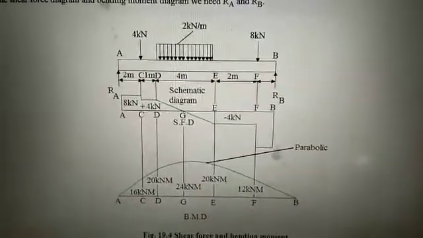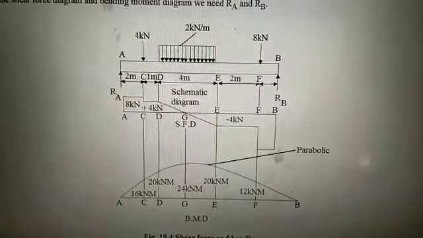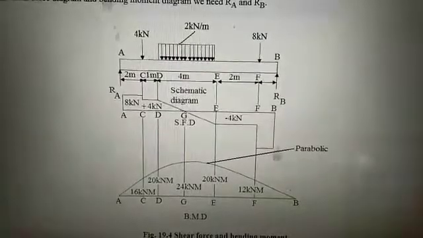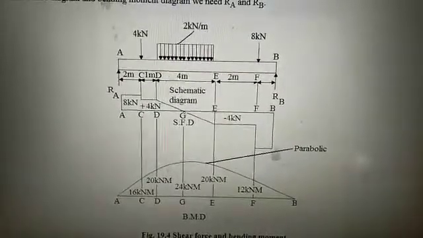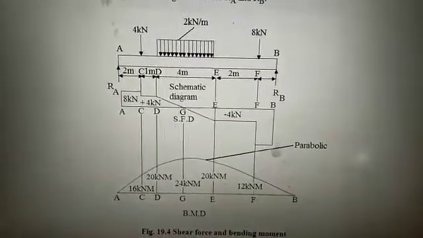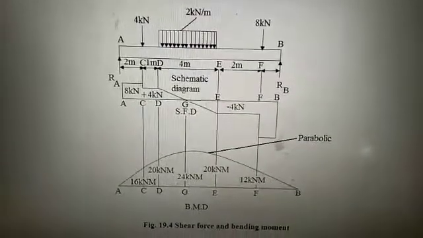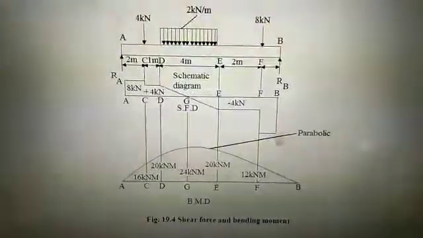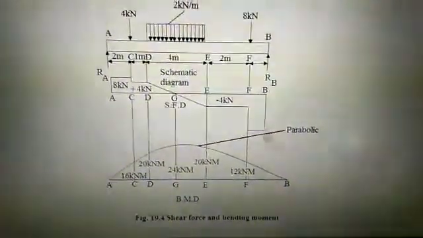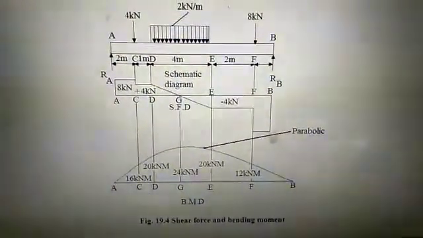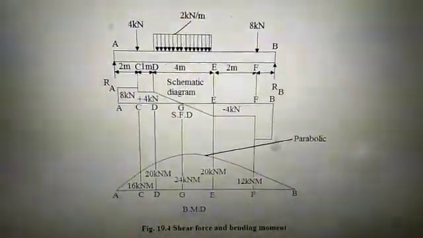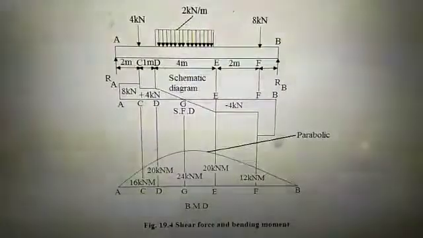In order to calculate the shear force, first we need to find out the reactions, that is RA and RB. To find the reactions, we put the summation of reactions, RA plus RB, equal to the loads.